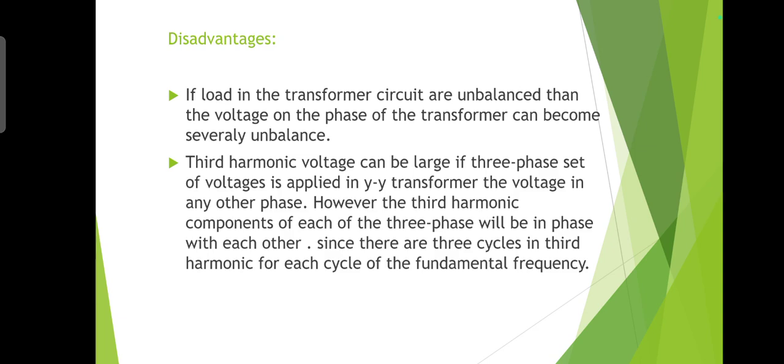Advantages: if the load on the transformer is unbalanced, then the voltages on the phases of the transformer can become severely unbalanced. Third harmonic voltages can be large if a three-phase set of voltages is applied to the transformer.